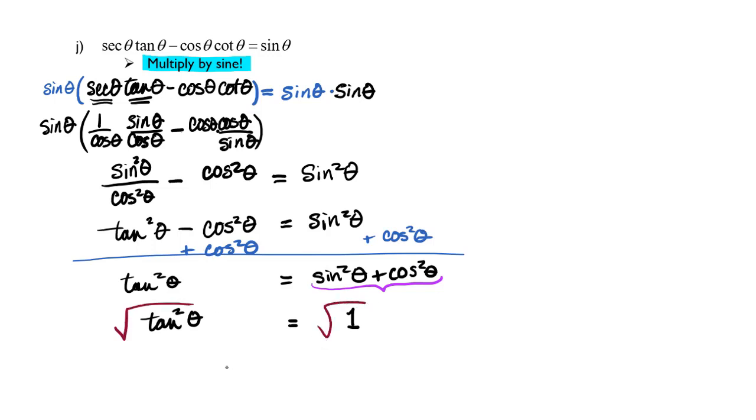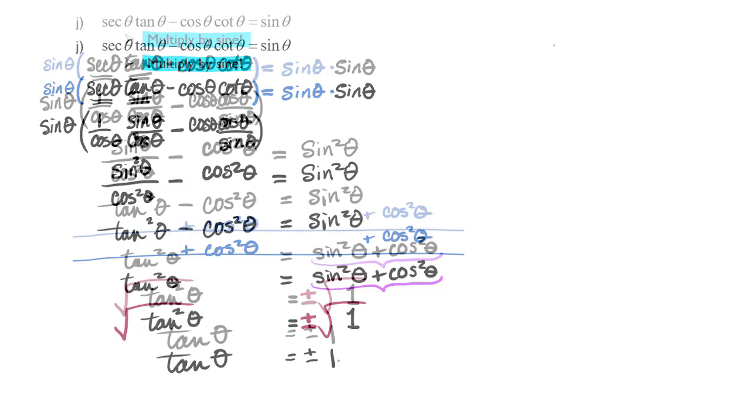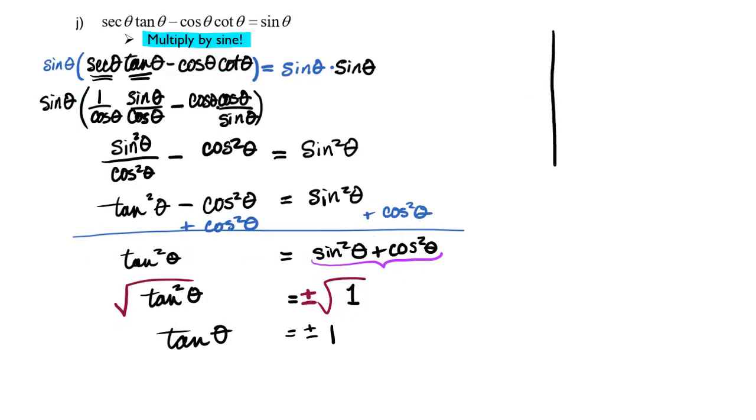Whenever I impose an even root on both sides of an equation, I have to give it a plus or minus sign, and so I'll have tangent of theta is equal to plus or minus 1. If I think of the tangent function, I know that it repeats every period of pi.